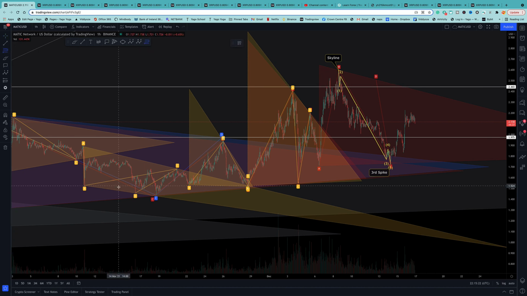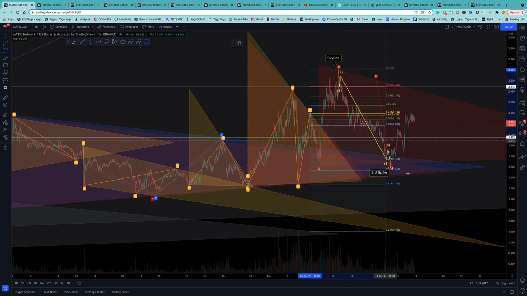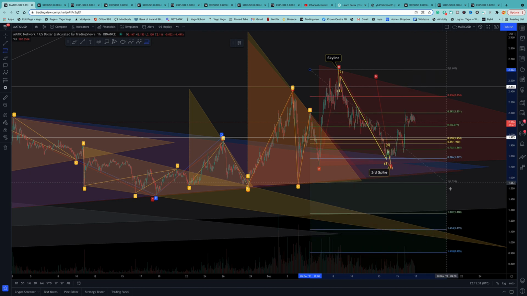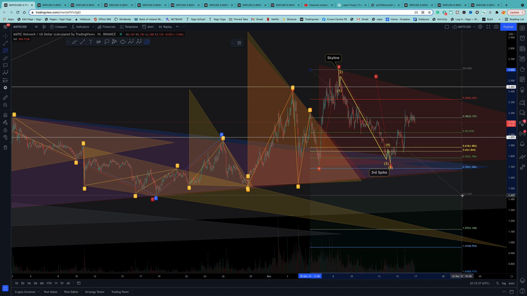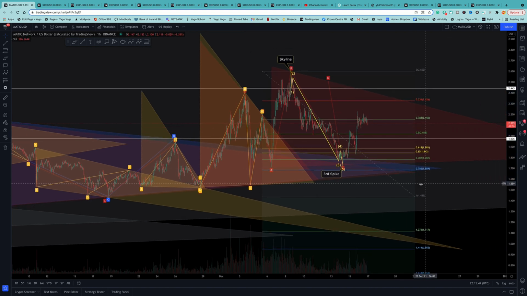So now I'm going to put the fibs back on again, from the top to the bottom. And again, the reason being is because this is the dominant wave that's moving up. Yeah.